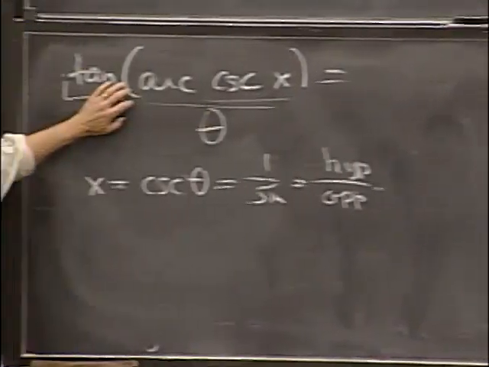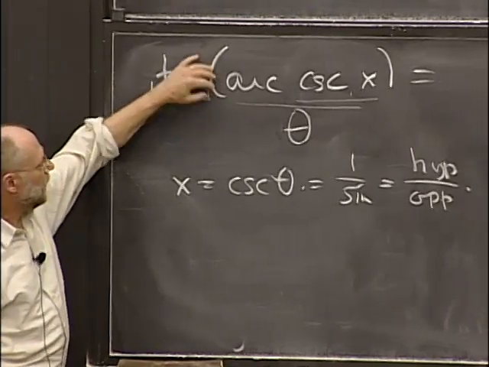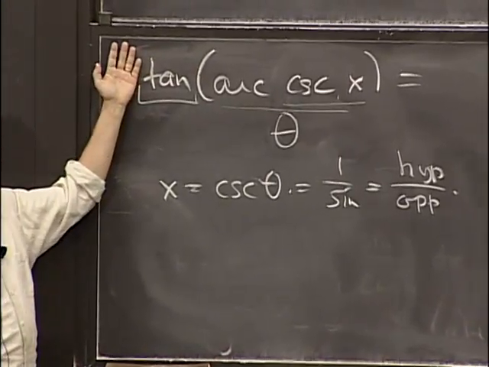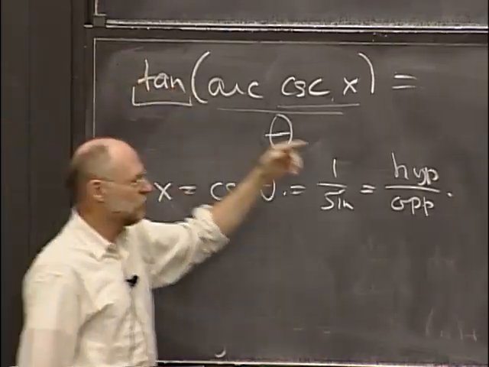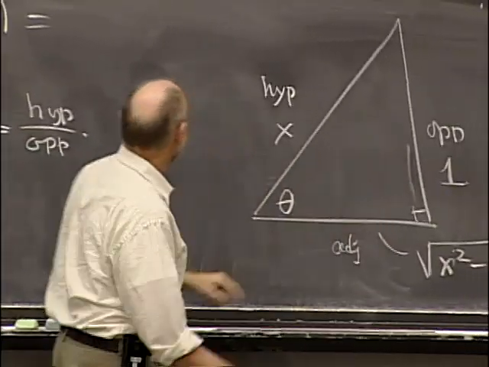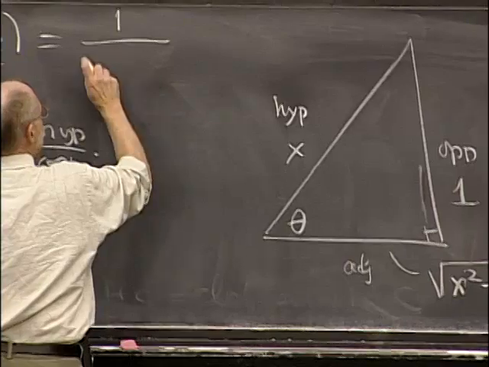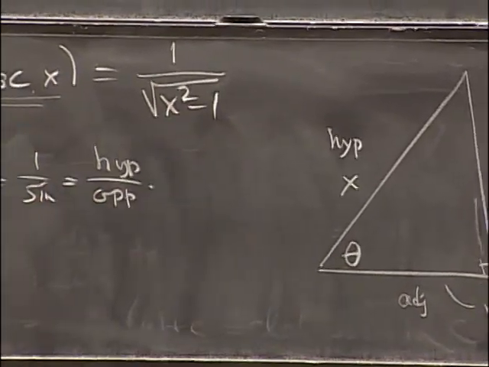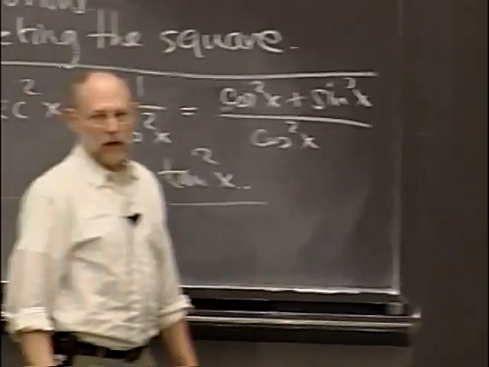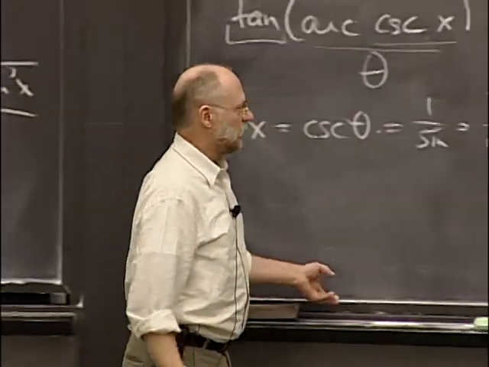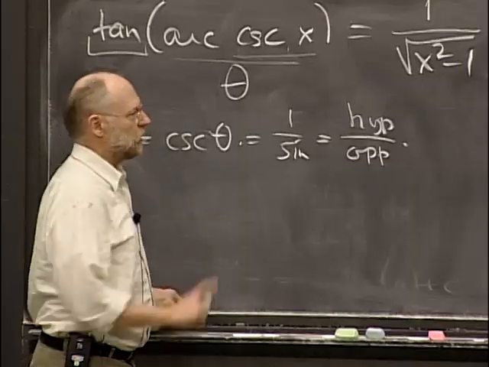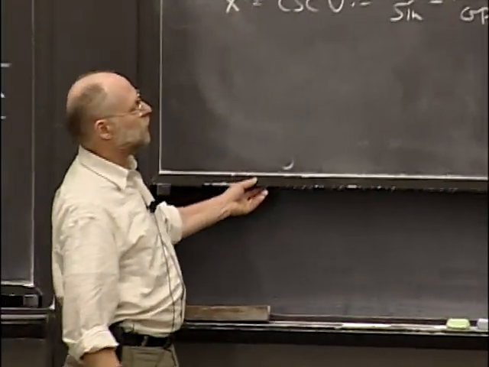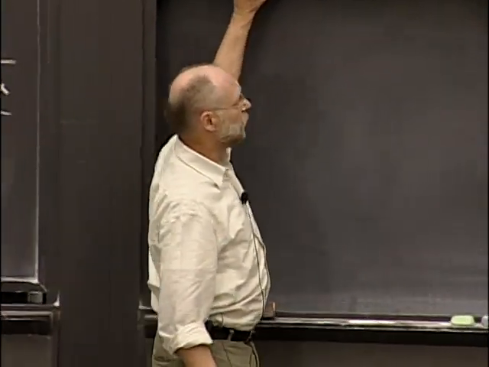So I've got a triangle of the correct angle theta, and now I want to compute the tangent of that angle. Well, that's easy. That's opposite divided by adjacent, and so I get 1 over the square root of x squared minus 1. Very flexible tool that'll be useful to you in many different times. Whenever you have to undo a trig substitution, this is likely to be useful.